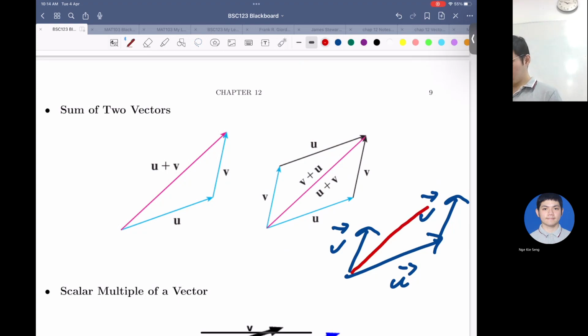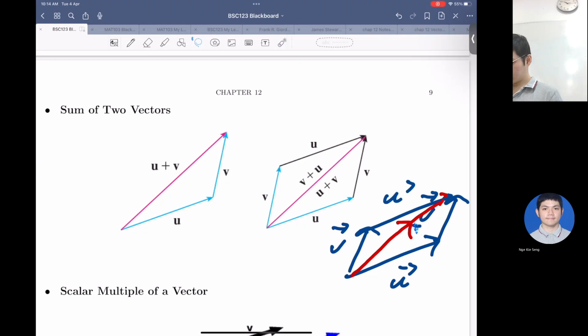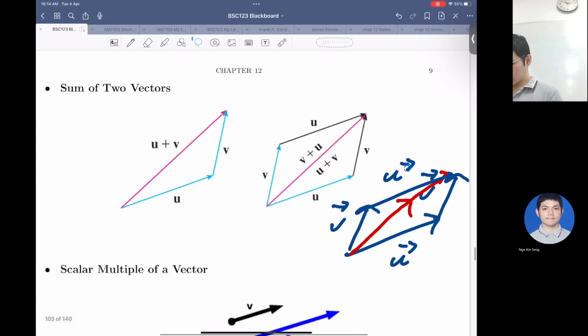And it turns out that it satisfies the parallelogram diagram here. So this one so far, okay.